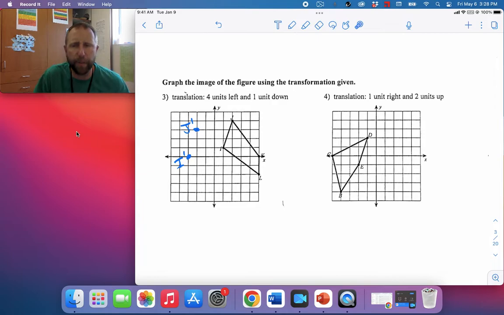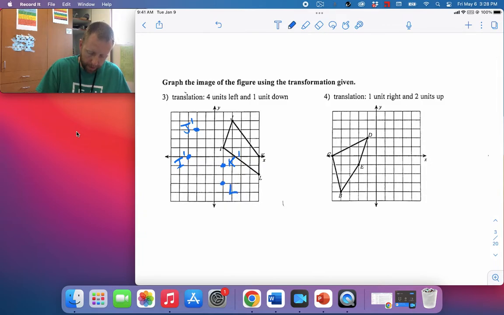Okay, do the same thing for, what letter is that? I believe that's the letter K. I'm looking at this one right here. Again, 4 units to the left, so 1, 2, 3, 4, and then 1 unit down puts that right there. I'll label that K prime, and then do the same thing for L. For L, it's 4 units to the left, 1, 2, 3, 4, and then 1 unit down.